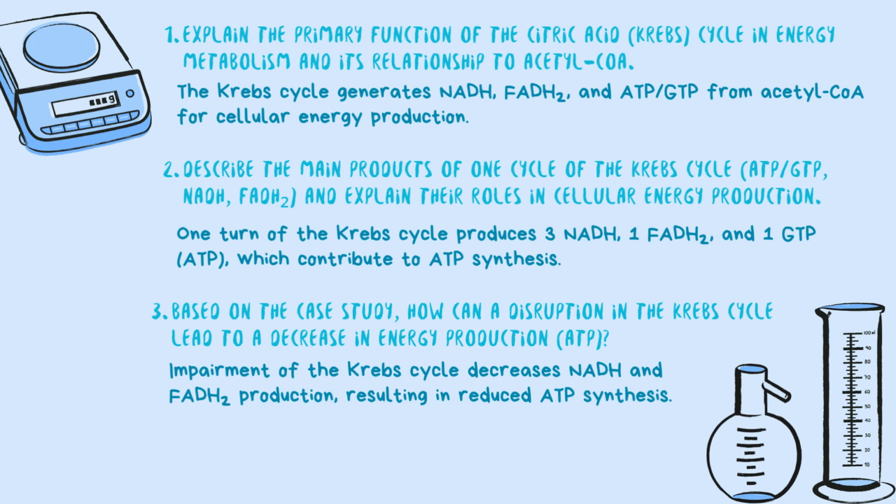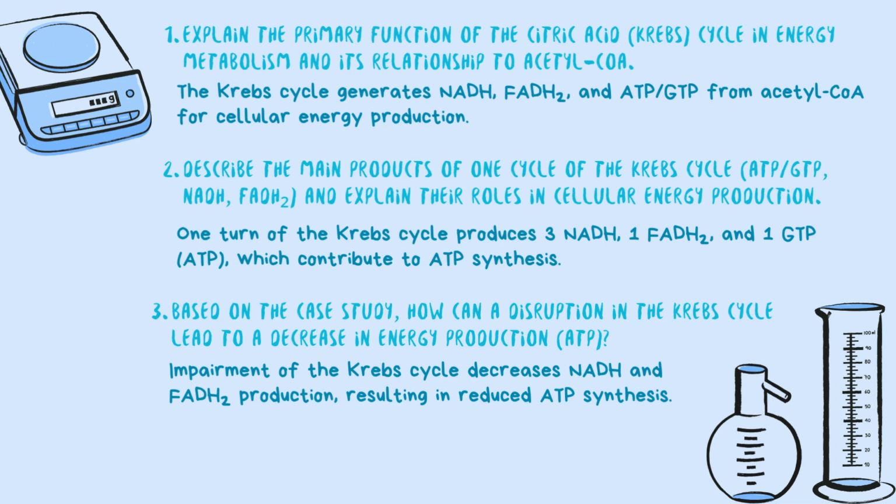Explain the primary function of the citric acid Krebs cycle in energy metabolism and its relationship to acetyl coenzyme A. The Krebs cycle generates NADH, FADH2, and ATP or GTP from acetyl coenzyme A for cellular energy production.